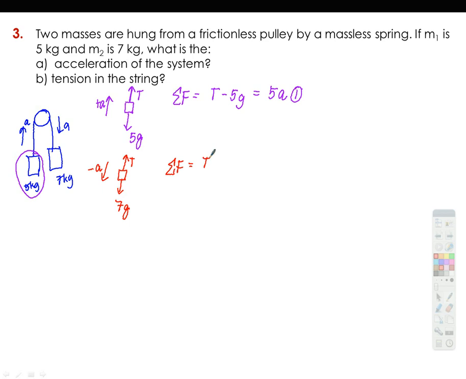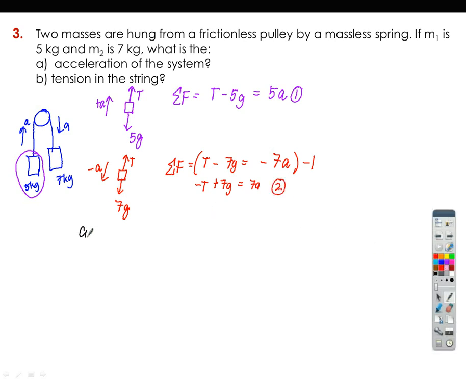So the net force will be T minus 7g, equivalent to m, which is 7, and then our acceleration is negative, so I'll have a negative ma. And again, we can change the sign by multiplying both sides by negative, so this will be negative T plus 7g equals 7a, and this is our equation 2.